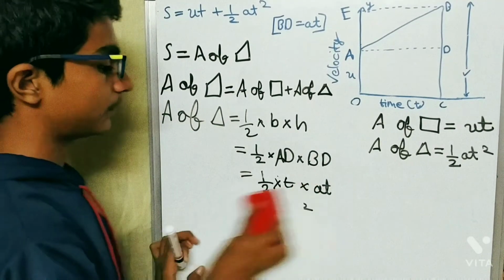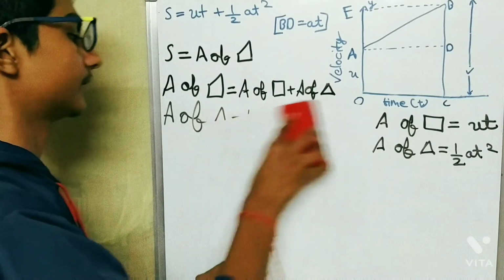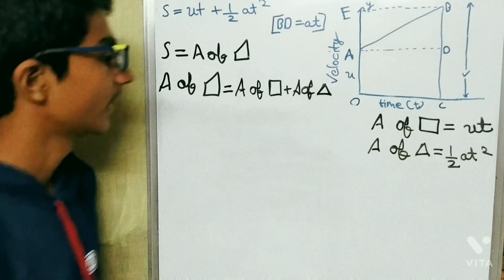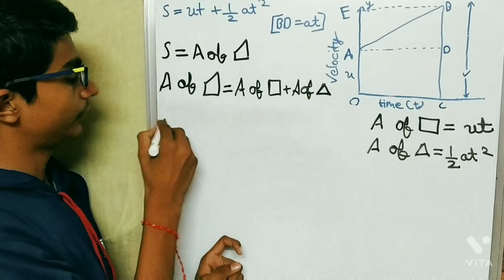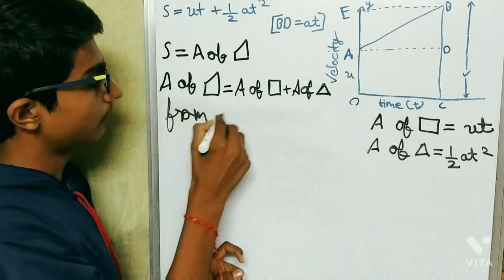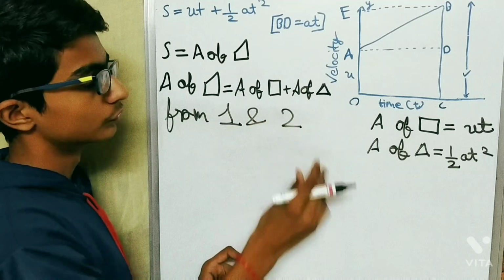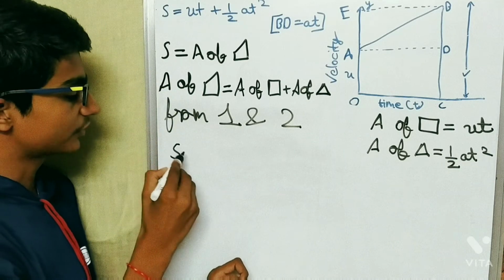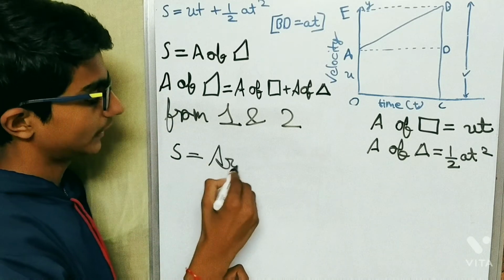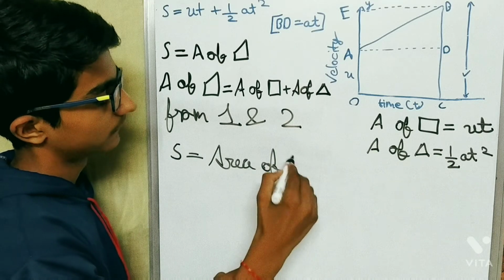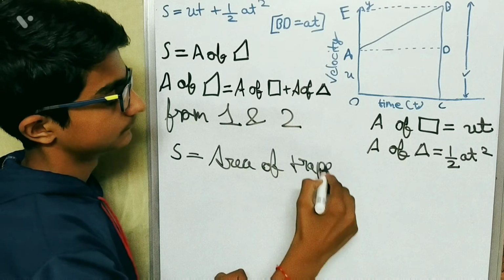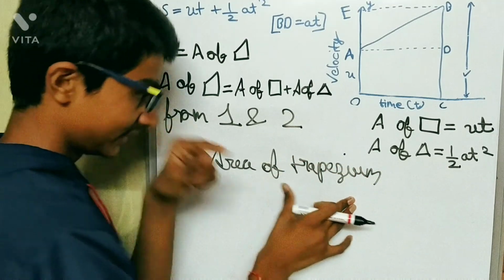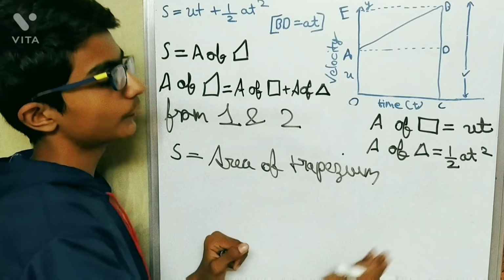Now the final step of this derivation. We will write from 1 and 2 that S, which means distance, is equal to the area of the trapezium, and the area of the trapezium is ut + 1/2 at².